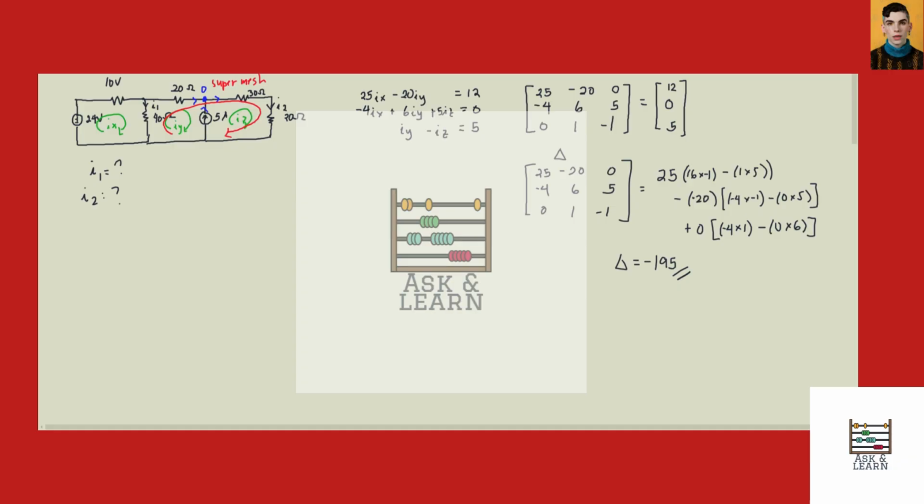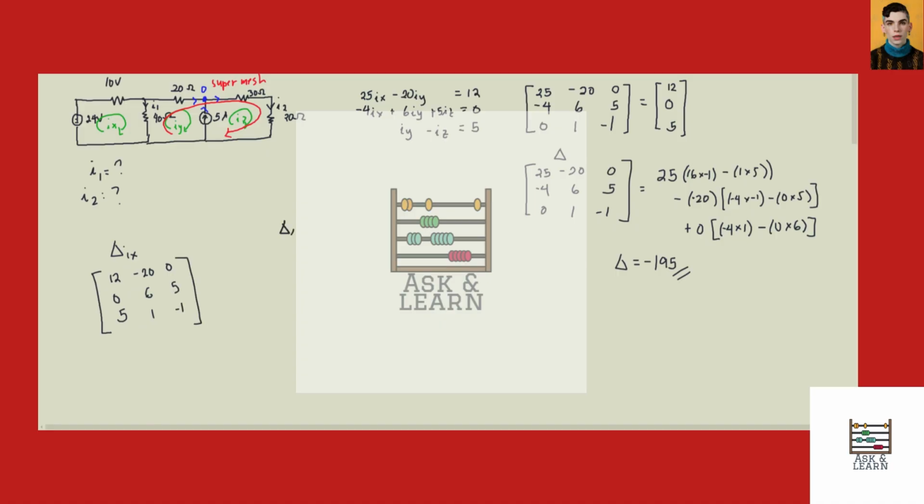Now to get delta Ix, we just substitute the values in the first column as 12, 0, 5, and then copy the rest of the columns of the matrix as such, negative 1.